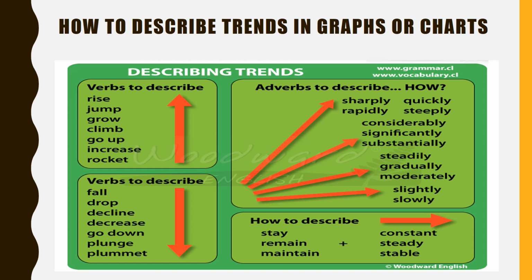Now, we have to know some verbs to describe the trends in graphs or charts. It may be an upward trend or a downward trend, or it may be stable. For an upward trend, these verbs can be used: rise, jump, grow, climb, go up, increase, or rocket.